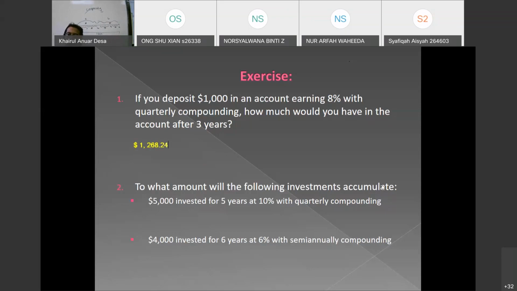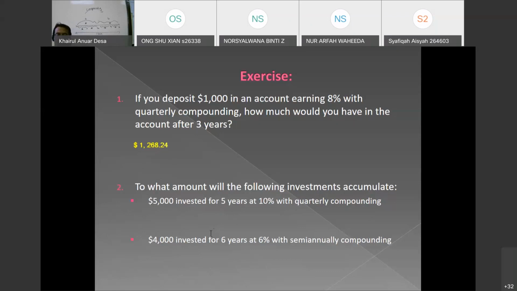So the next one. 5,000 invested for 5 years at 10% with quarterly compounding. Quarterly compounding, satu lagi keyword tadi. To what amount will the following investment accumulate? Jawapan kena unit lah. Kalau unit tu adalah ringgit, we use ringgit. If the unit is dollar, we use dollar. Especially in your individual assignment.